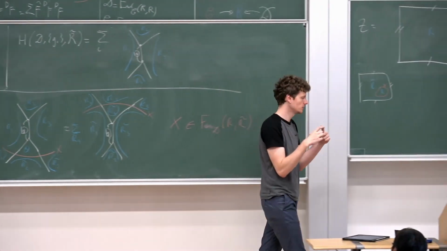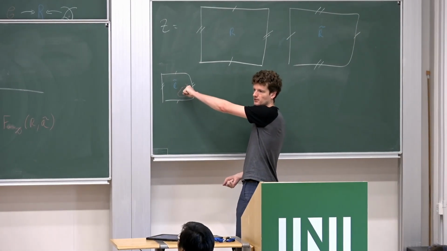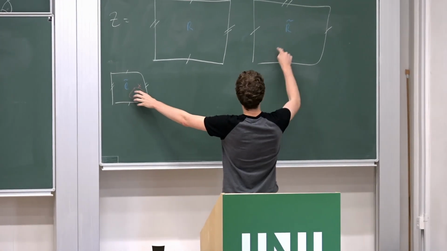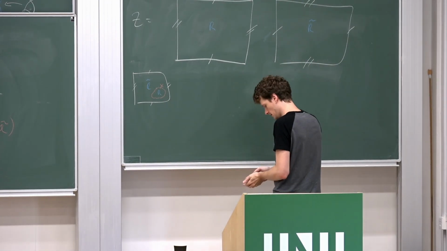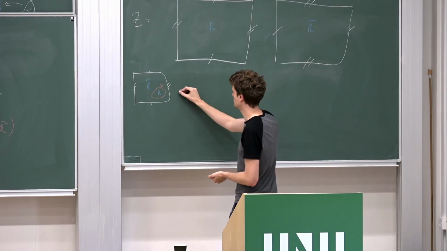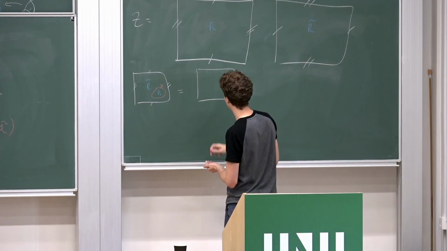I can shrink this bubble until it disappears, so this is, at worst, proportional to this. In the best case, this is just identical to this. And now I can start to manipulate this little bubble by growing it around the torus. So this is going to be equal to this.